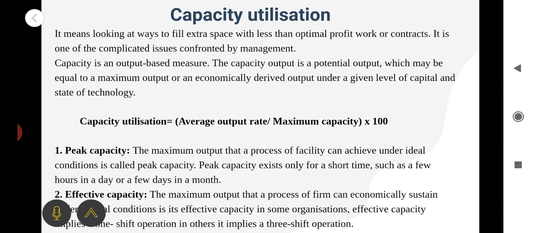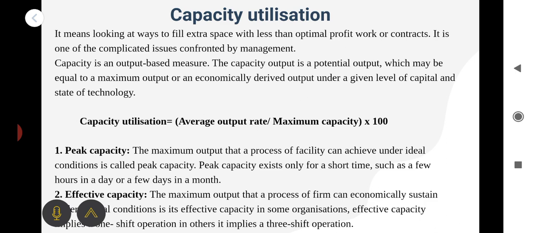Capacity is an output-based measure. Capacity output is a potential output which may be equal to the maximum output or economically derived output under a given level of capital and state of technology. Capacity utilization is equal to average output rate divided by maximum capacity, multiplied by 100.